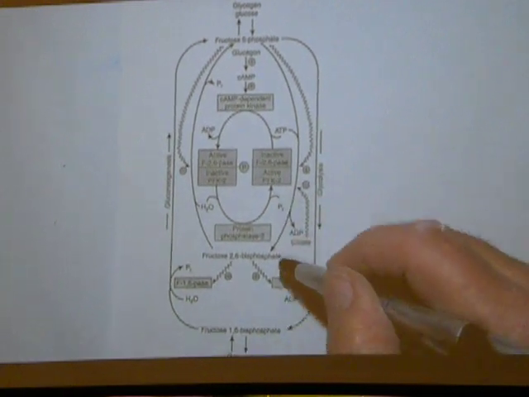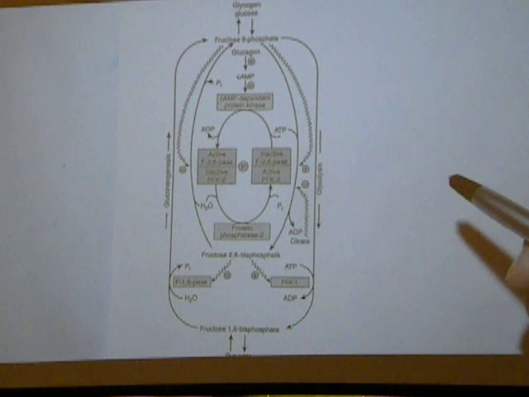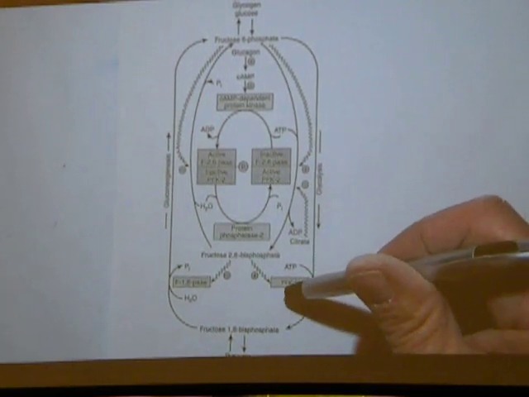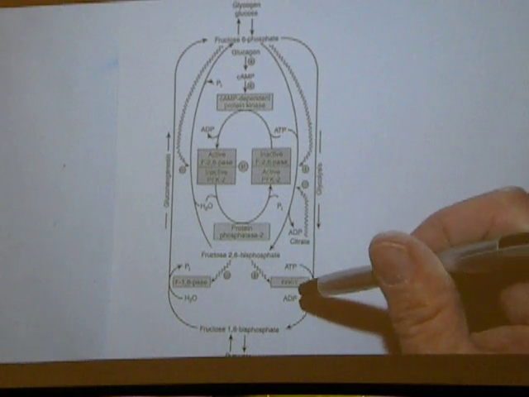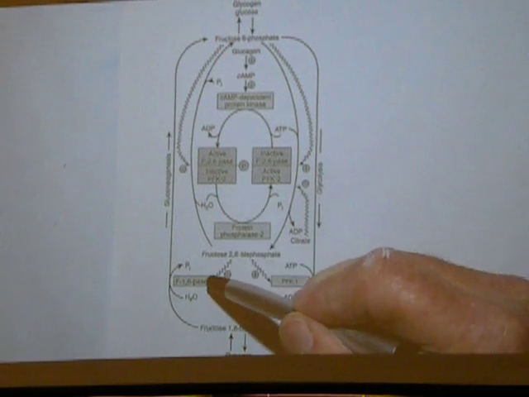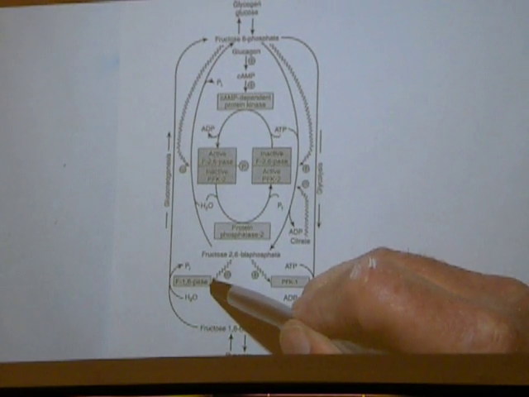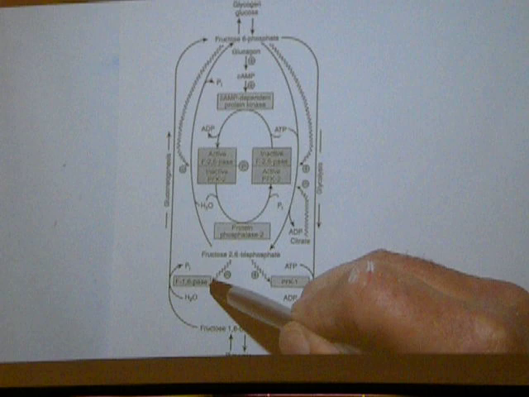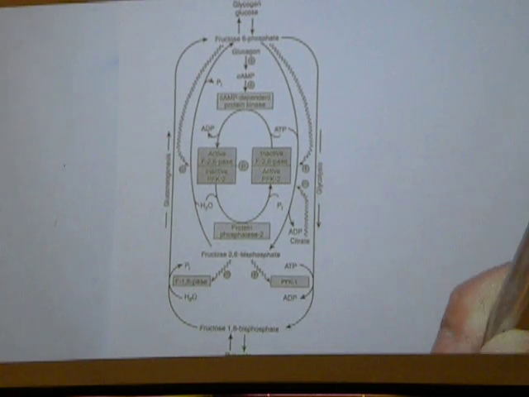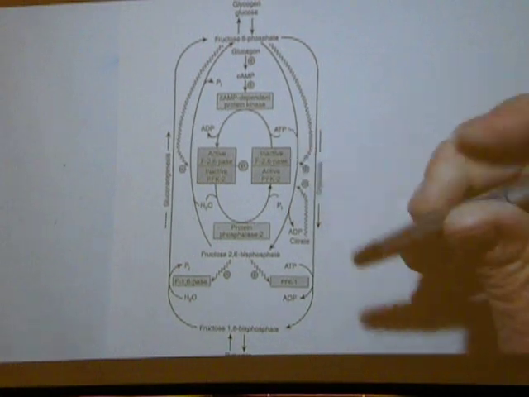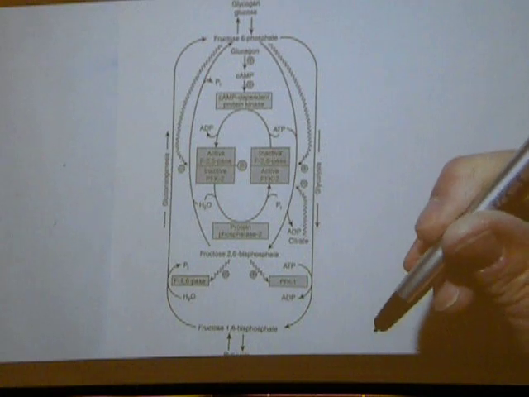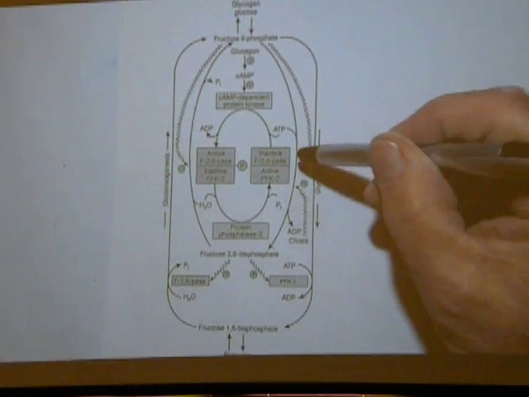One is that fructose 2,6-bisphosphate we talked about last quarter. We said fructose 2,6-bisphosphate is an allosteric activator of PFK1. It's an allosteric inhibitor of fructose 1,6-bisphosphatase. Fructose 2,6-bisphosphate is produced from a protein that does two things.